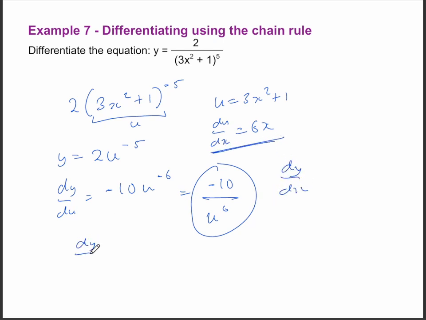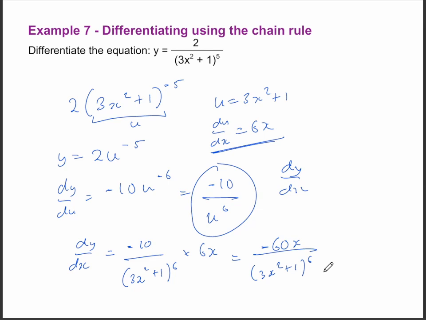So our dy over dx is going to be negative 10 over u to the power 6, where u is 3x squared plus 1. So we're going to divide by 3x squared plus 1 to the power 6. Then that's multiplied by 6x. And that ends up giving us negative 60x over 3x squared plus 1 to the power 6. That's going to be our derivative for this equation right here.